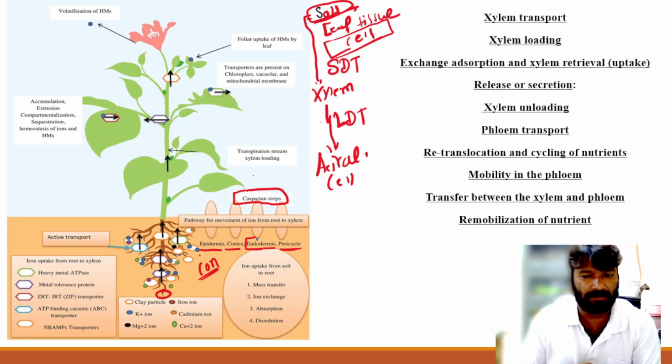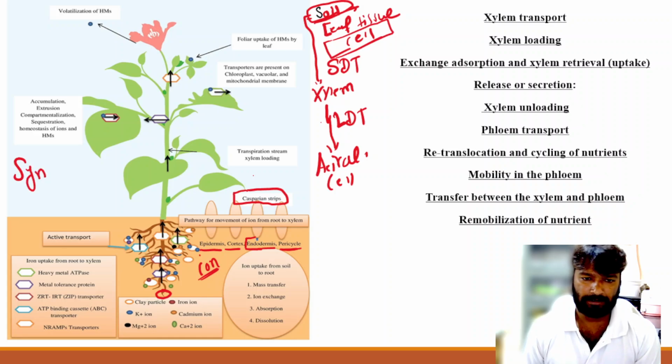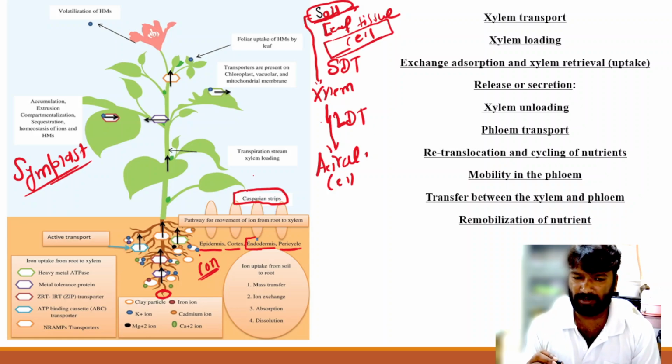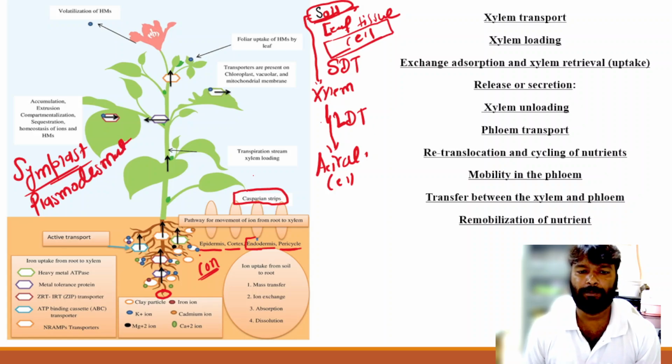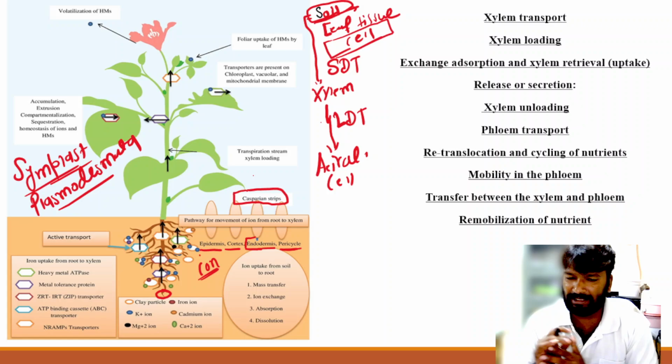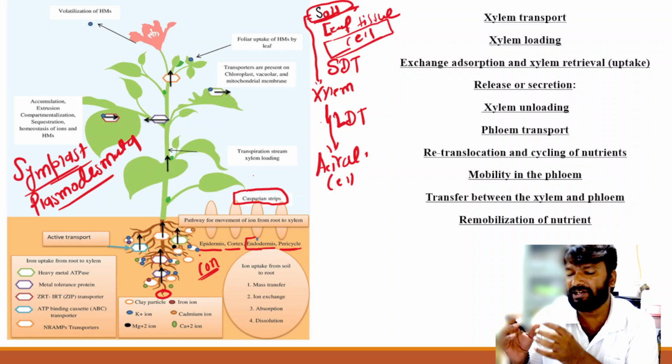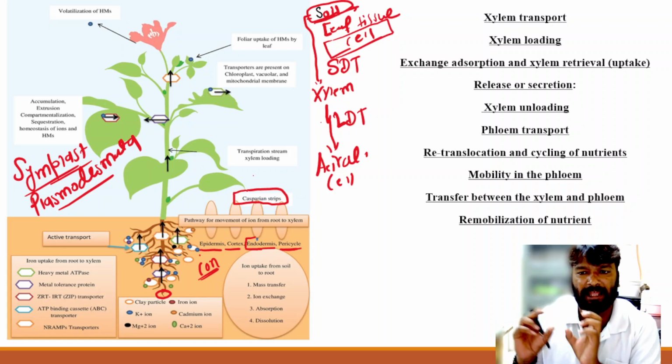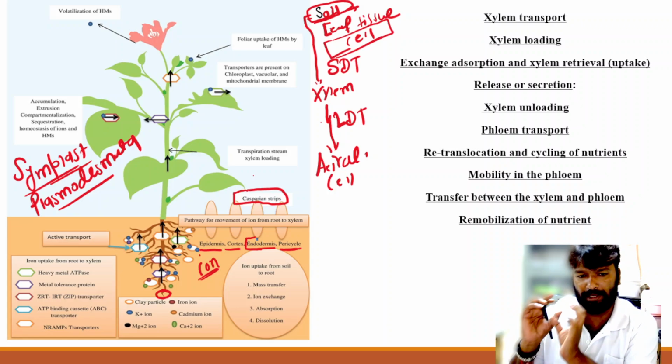So the plant has a symplastic way of transport where the plasmodesmata have an important role. And then at the end we discussed that finally the nutrient reaches the xylem, which is known as xylem loading.